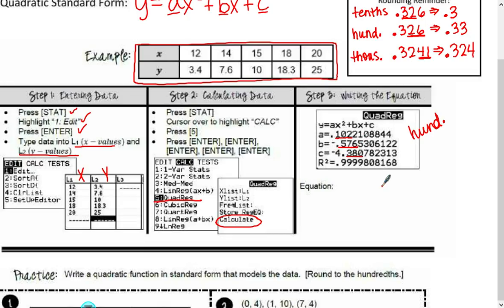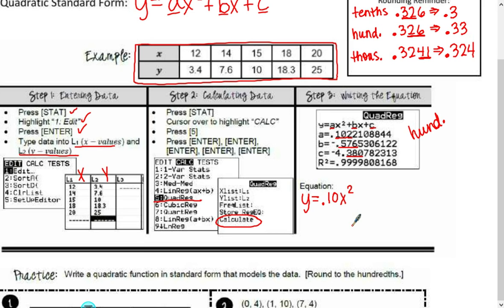This r value for our purposes is going to be kind of irrelevant. Our equation would end up being y equals the a, the b, and the c that I plug in here. So I'm going to have y equals 0.10. Oh, we're just going out to 2 decimals. This 2 is going to let this guy rest.